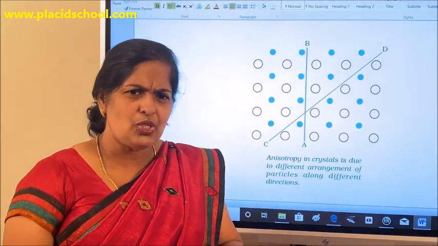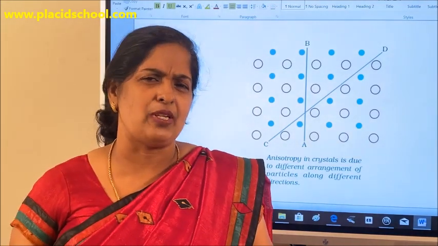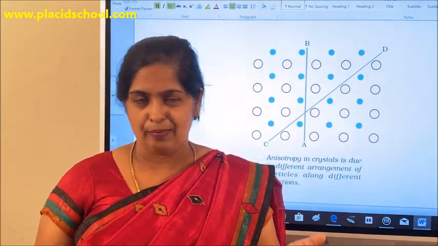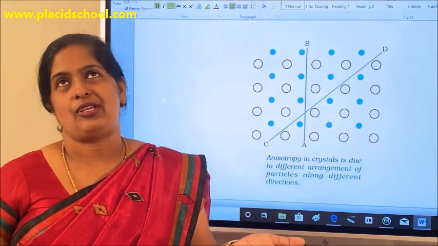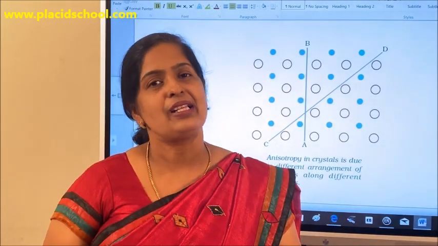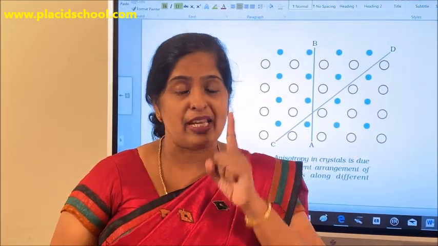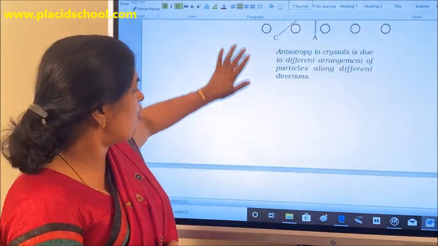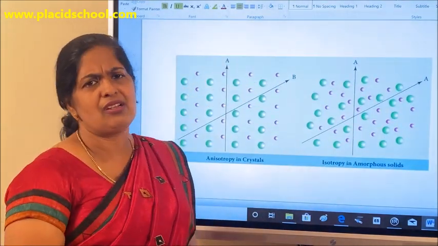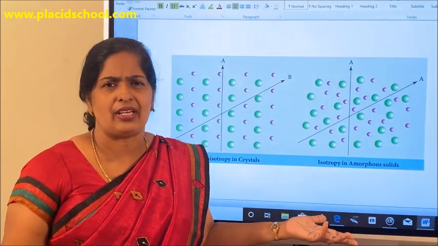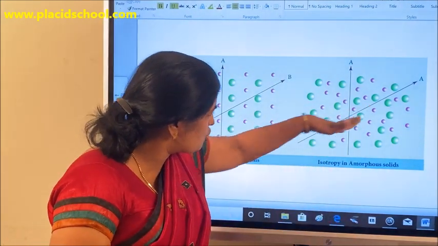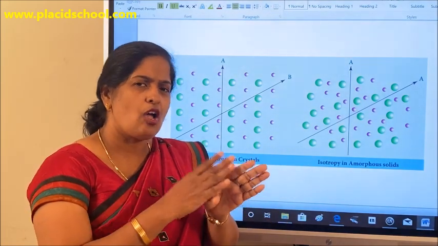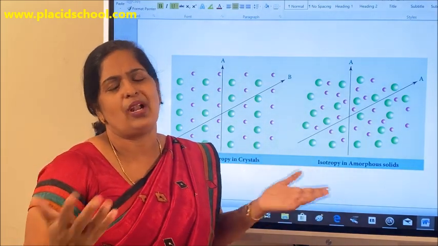So, due to this difference in the arrangement of particles, crystalline solids show different physical properties like electrical resistance, electrical and thermal conductivity, then a major difference in refractive index. But in amorphous solids, because the particles are randomly arranged, though we draw a line along any direction, the arrangement of particles on both sides of the line will be one and the same.